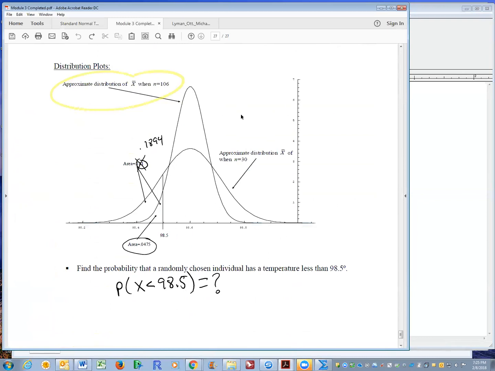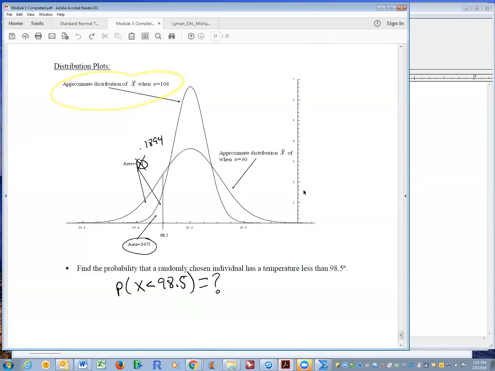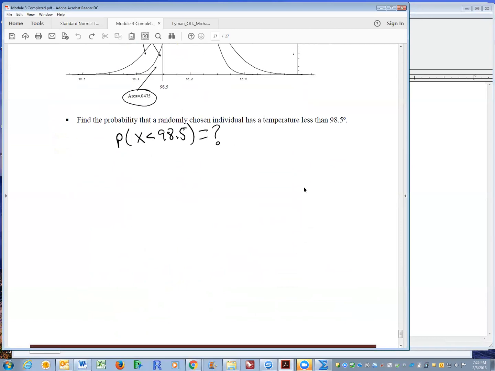So this is the distribution of X bar when n is 106, and it's got a smaller standard deviation than the distribution of X bar when n is 30. So that's an important thing to be aware of. Questions with this page, 26 or 27?